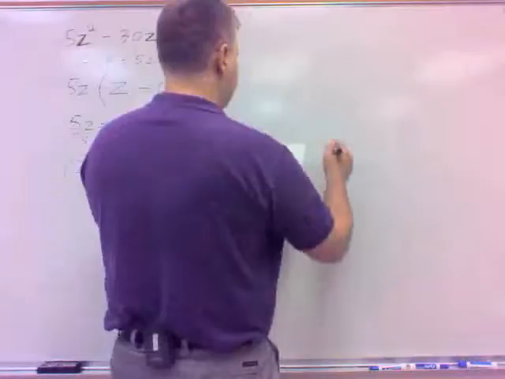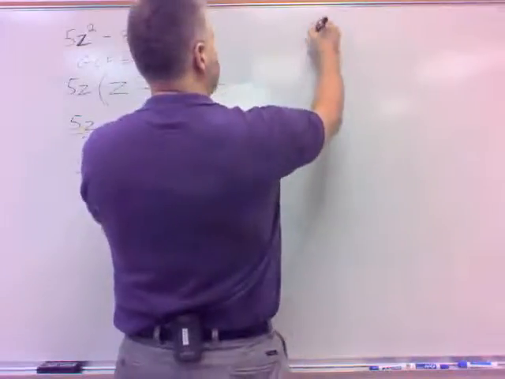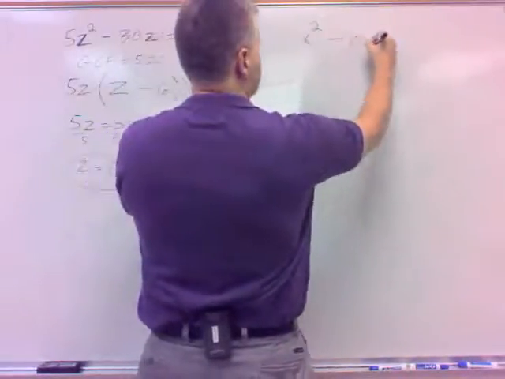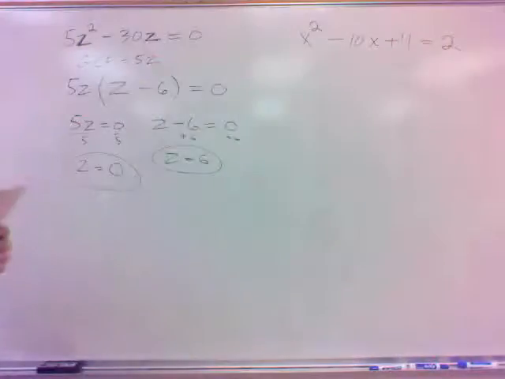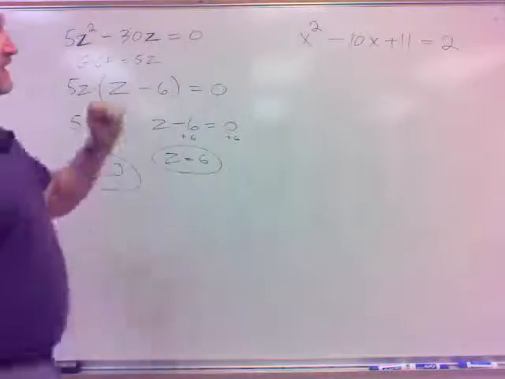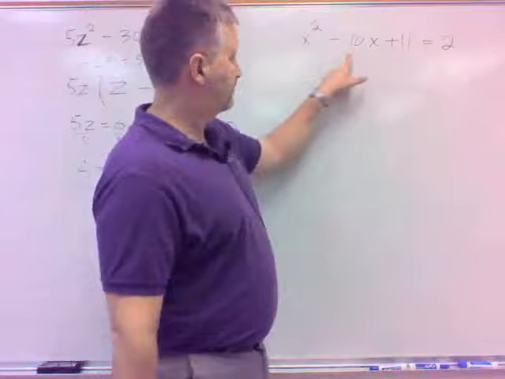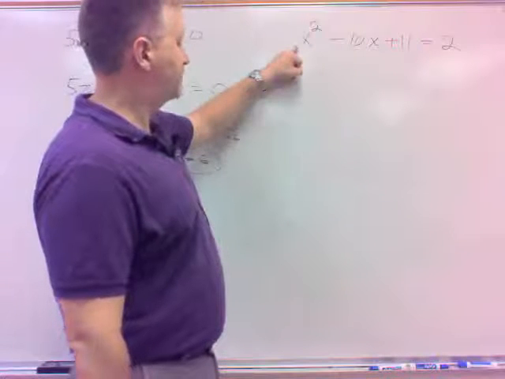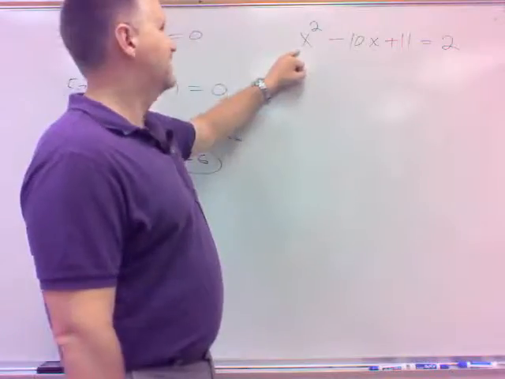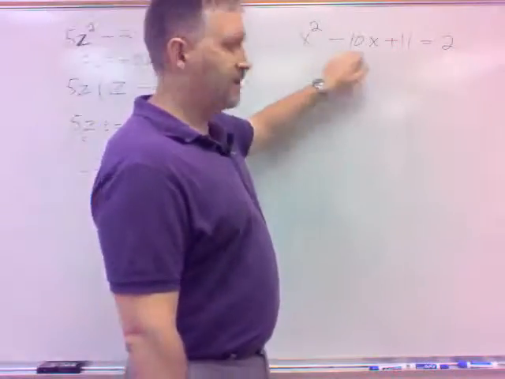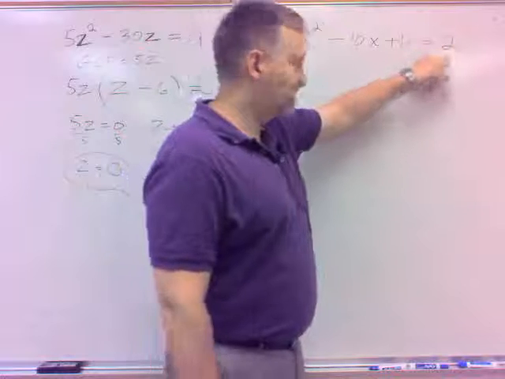Now, though, let's think about this. x squared minus 10x plus 11 equals 2. Well, even if we tried, the first step here is not factoring. Do you see why in this problem? The reason I don't factor first on this one is because one side needs to be 0.